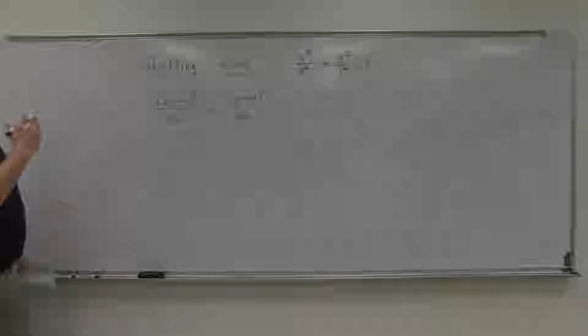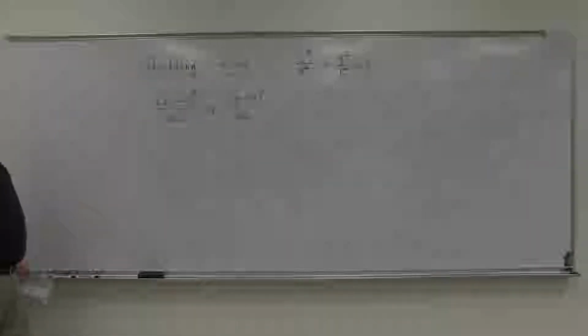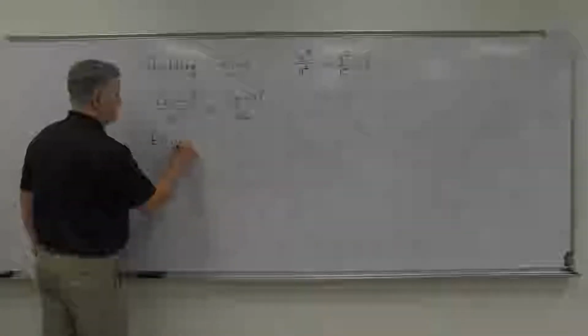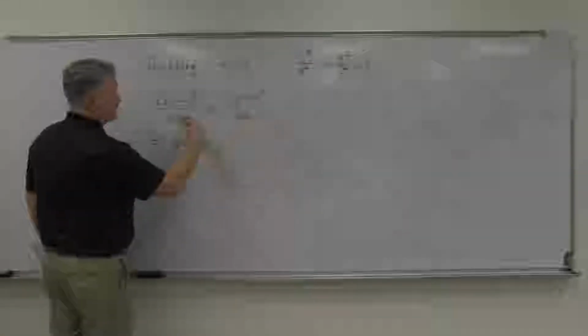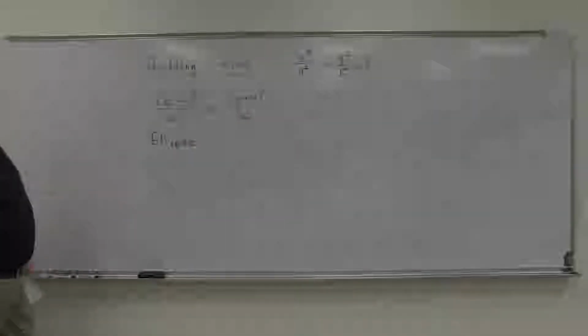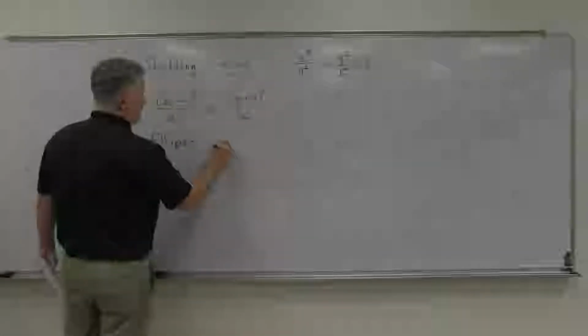And so that's in our ellipse format, if you will, because you've got the x squared plus the y squared, it equals 1. That's the way we recognize that. Now what's the center here?